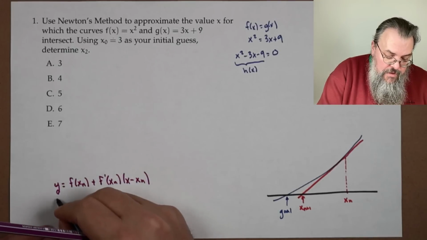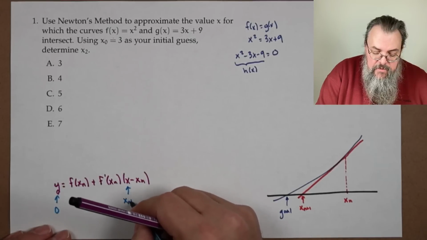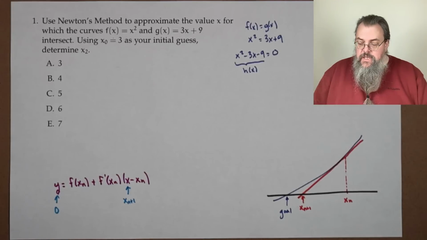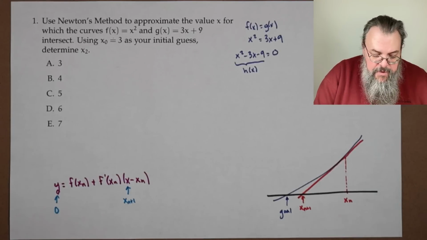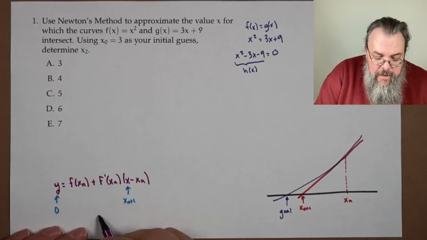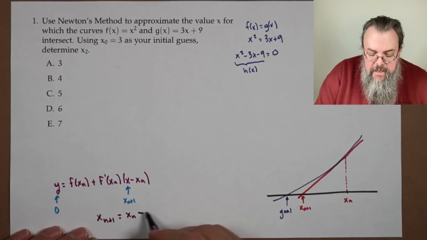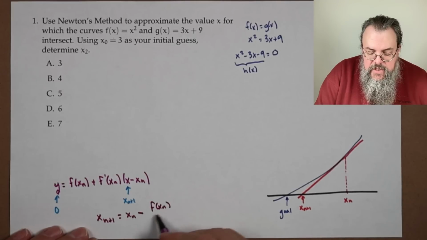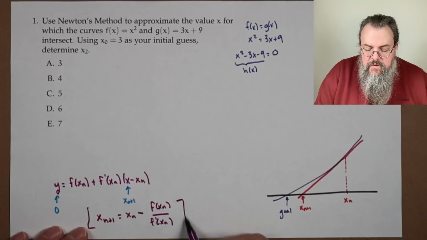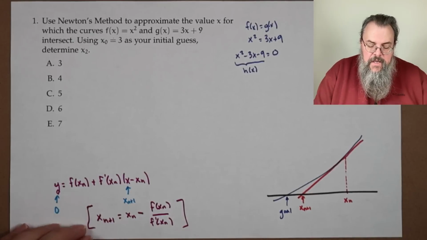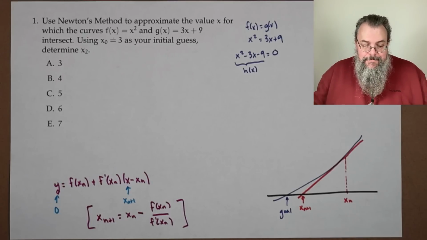So if you put in 0 for y, and you say that's your xn plus 1, you rearrange it, and you get the following. I call it f, but I can call it anything. xn plus 1 is equal to xn minus the value of the current function over the derivative of the current function. So that's your basic recursion. If you remember that, you're like 90% of the way there.